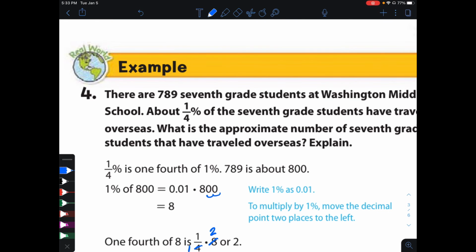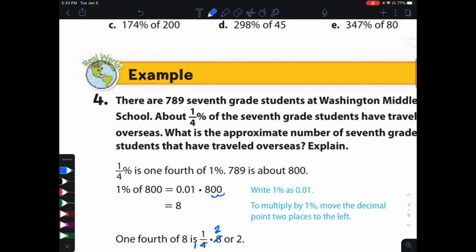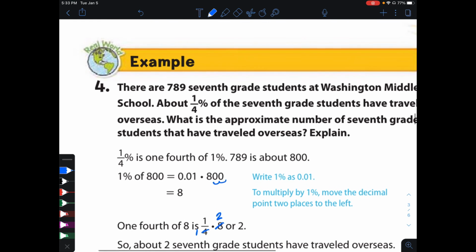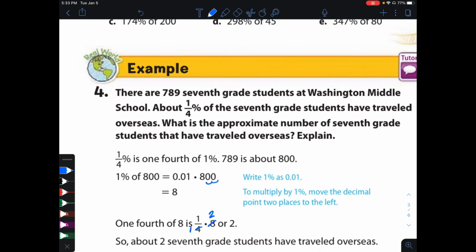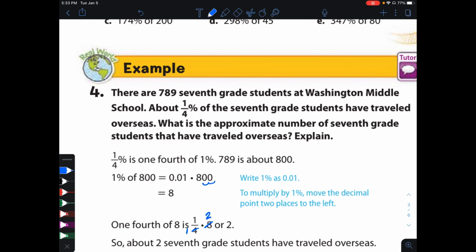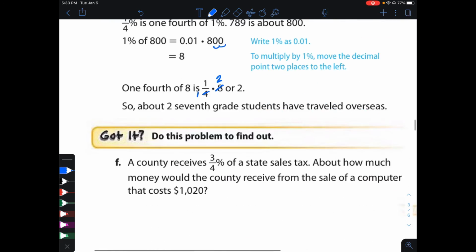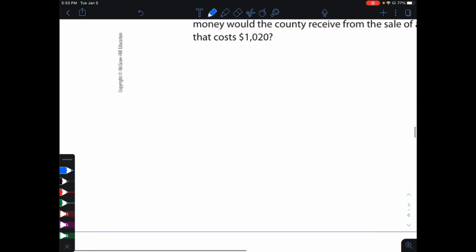So 1/4 of 8 is 2. Our answer therefore would be 2. So about 2 7th grade students have traveled overseas. Okay, do the guided problem and let's see if you understand that example.